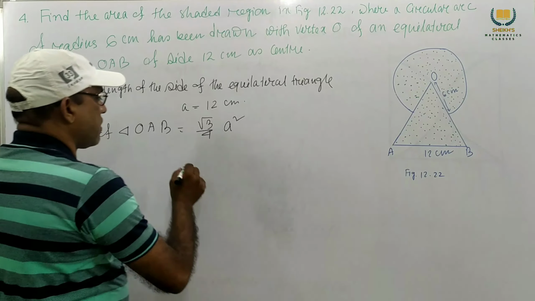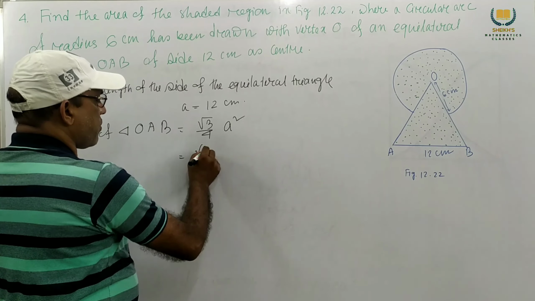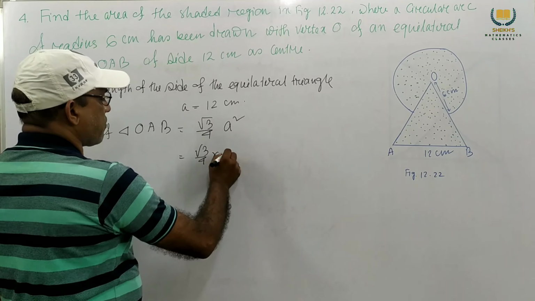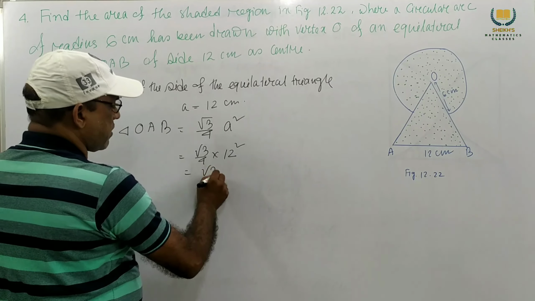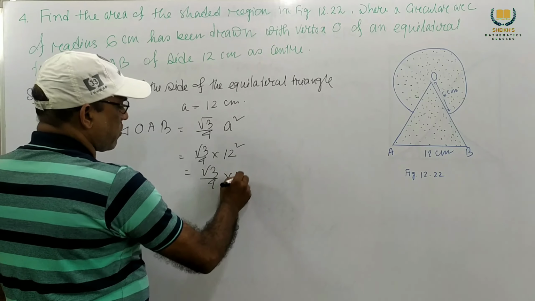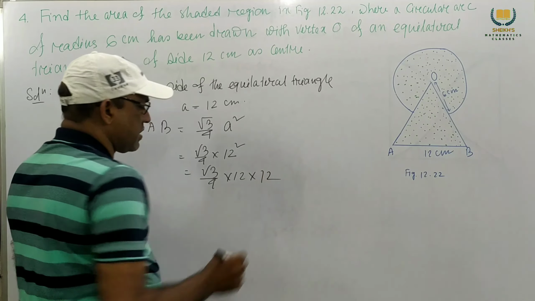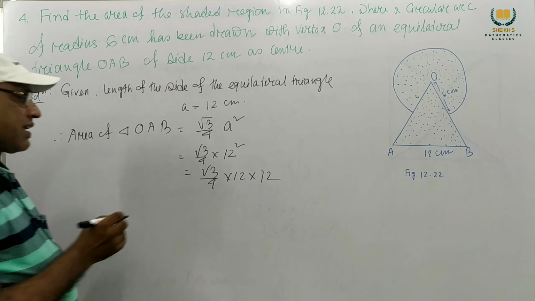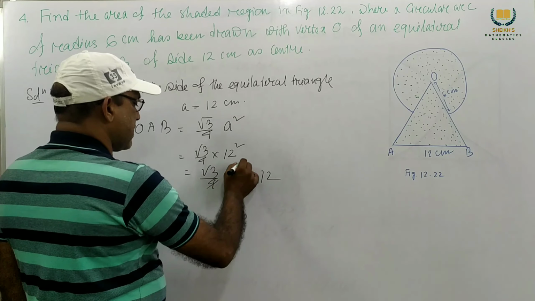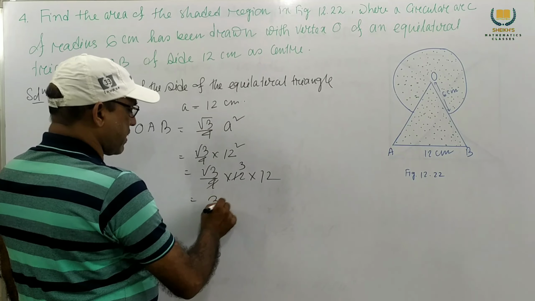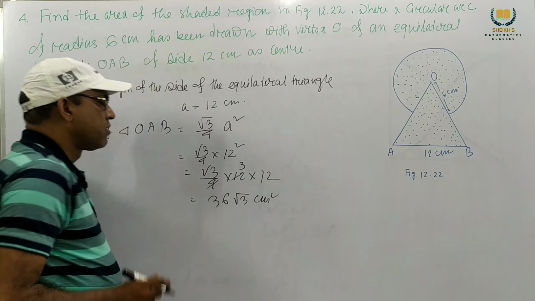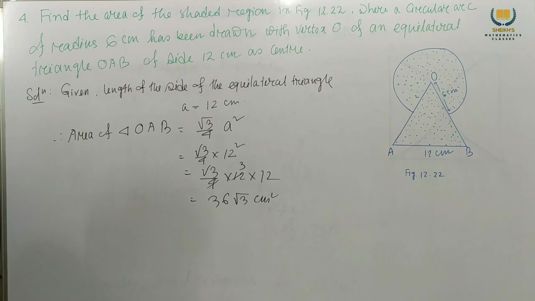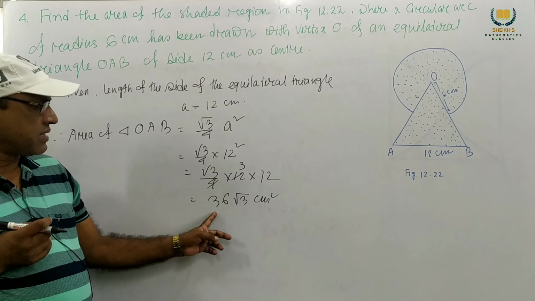So root 3 by 4 into 12 square, which is 12 into 12. Cancelling, this is 3. So this will be 36 root 3 centimeter square. So the area of the triangle we get is 36 root 3.